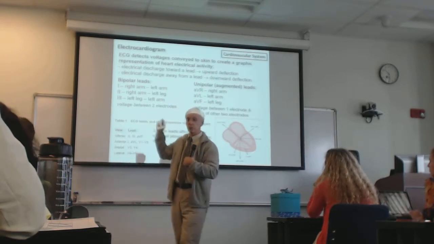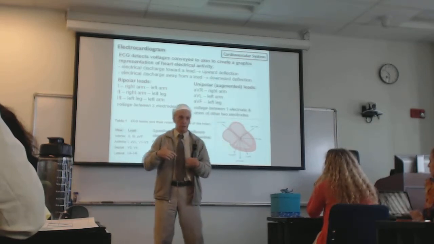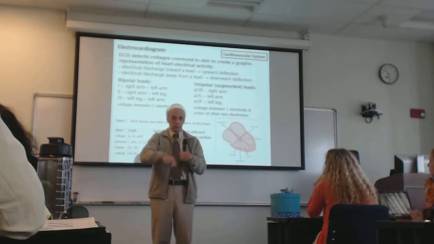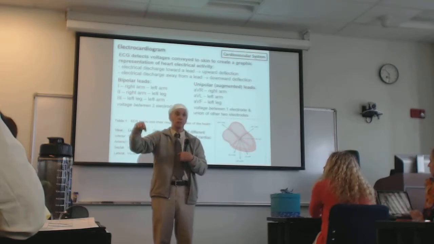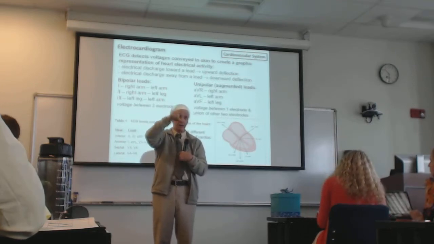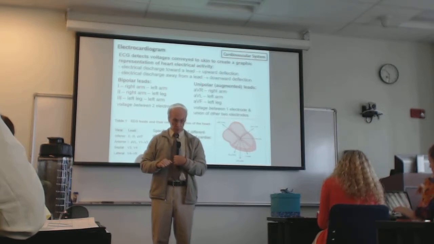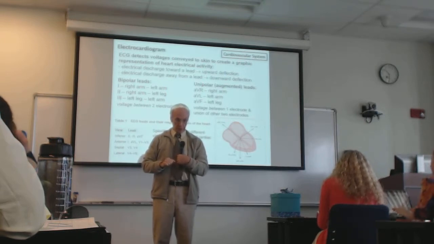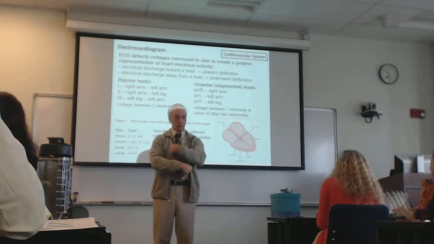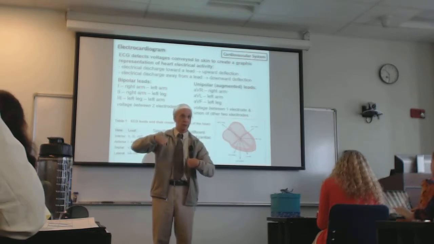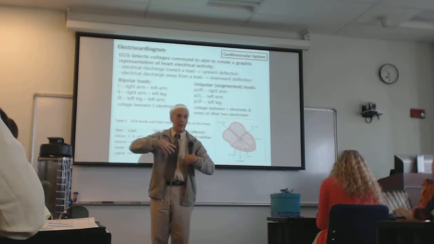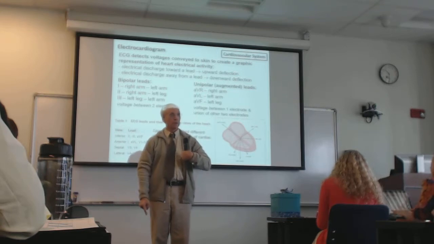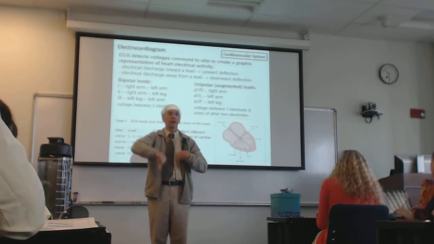So make sure you understand, by way of introduction, when I talk about putting the car battery on the chest, that the signal that is read, both the polarity, the direction, and the magnitude of the signal, by magnitude I mean how high it is or how low it is relative to the reference point of 0, is going to depend upon the relative placement of what's measuring the voltage. It's going to depend upon how far the electrode is from the battery. So the farther away the electrode, should the voltage go up or down?